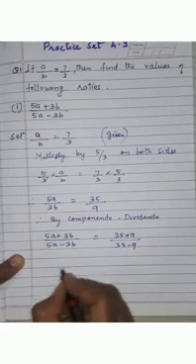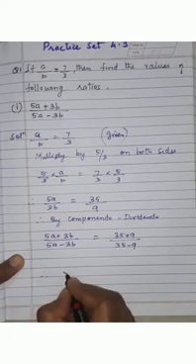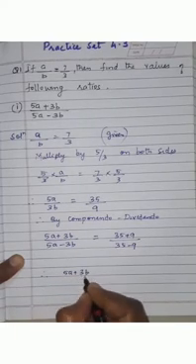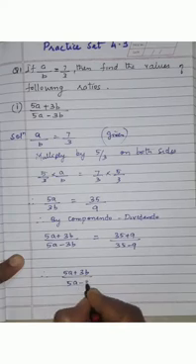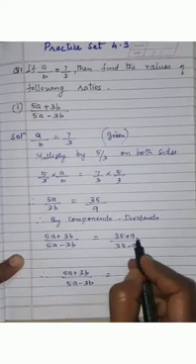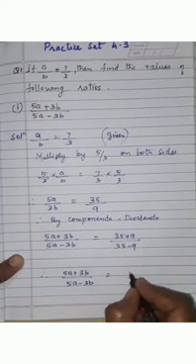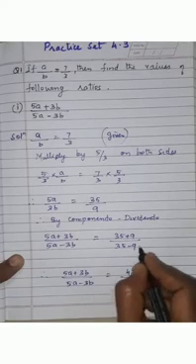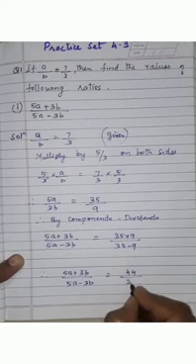Okay, children. So we get 5a plus 3b upon 5a minus 3b is equal to, what is 35 plus 9, children? It is 44, upon 35 minus 9, which is 26.